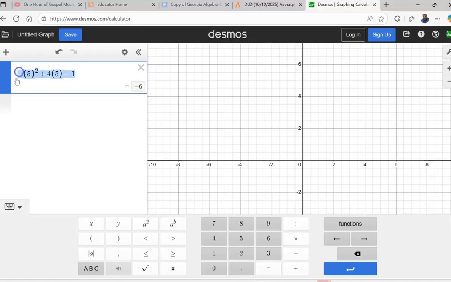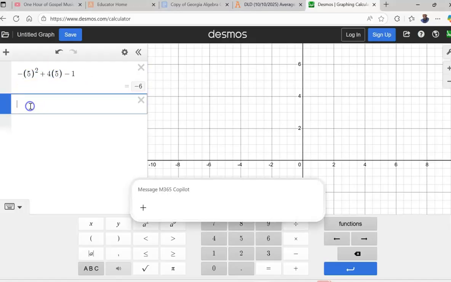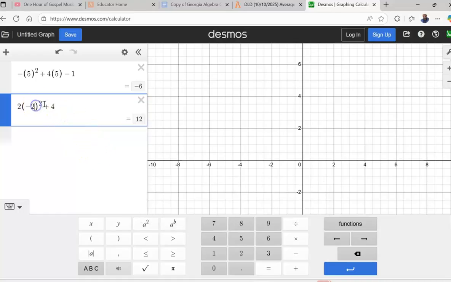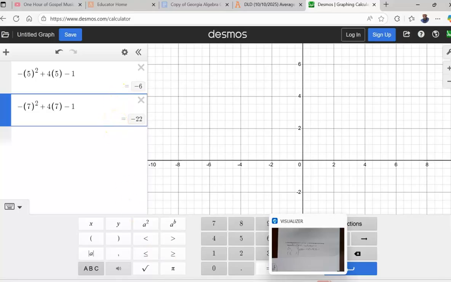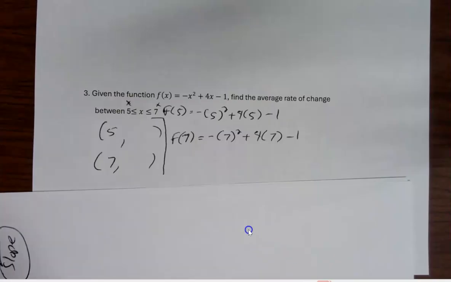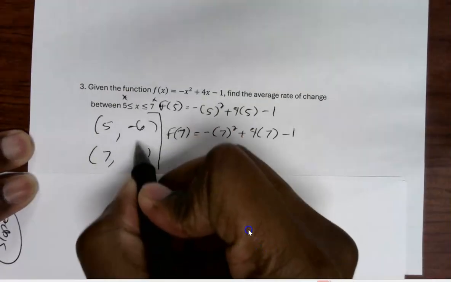Then just take this same function and rewrite the numbers underneath the whole thing, and rewrite the number 5 with the number 7. So the outputs are negative 6 and negative 22. So negative 6, negative 22.